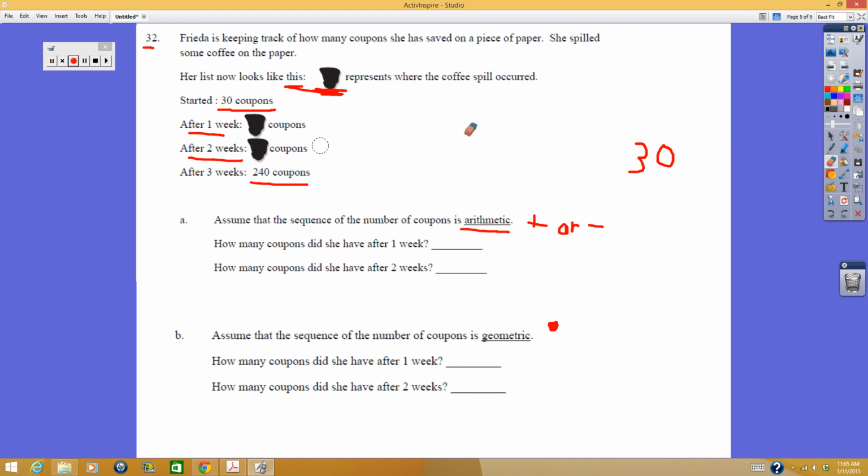Eventually, if you keep guessing and checking, you'd recognize that you need to add by 70. Because 30 plus 70 would give you 100. 100 plus 70 would give you 170. So your answers for this would be 100 and 170.